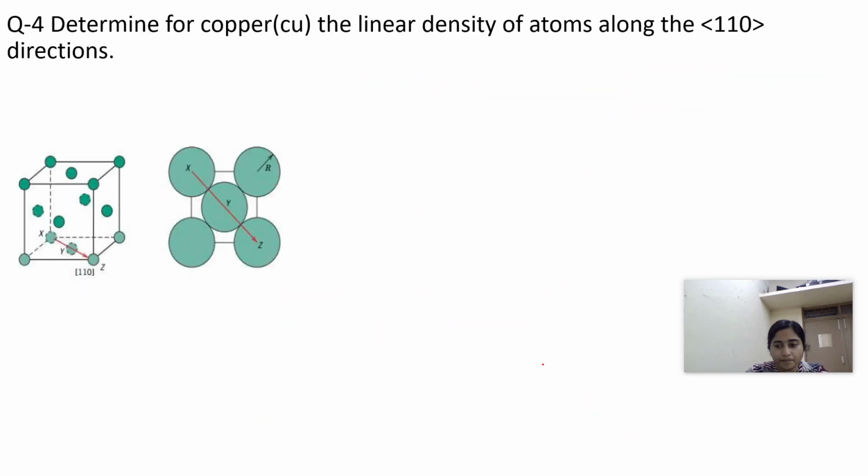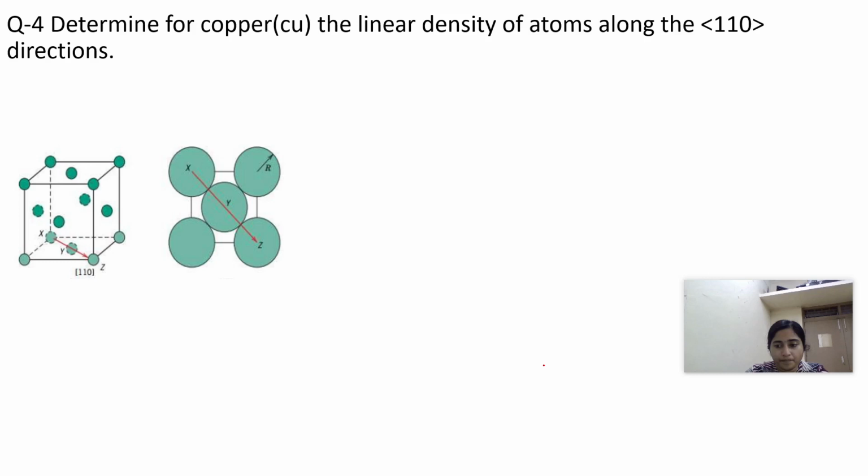Now let us go to the next problem. Determine for copper the linear density of atoms along the 110 direction. So the 110 direction is given, and now you have to find the linear density.